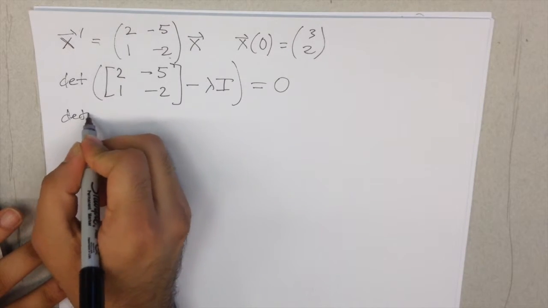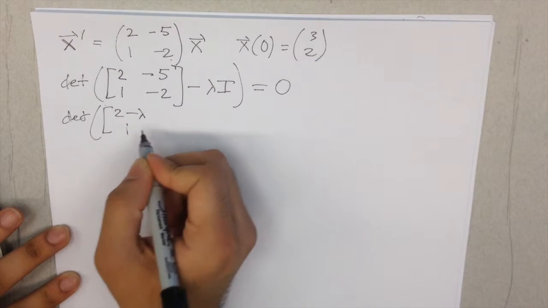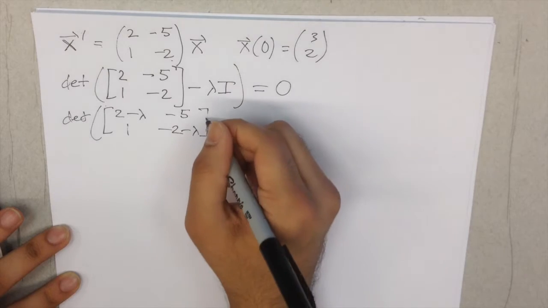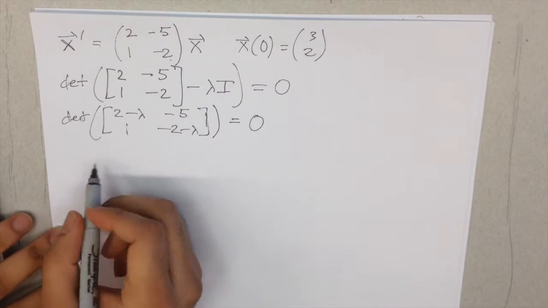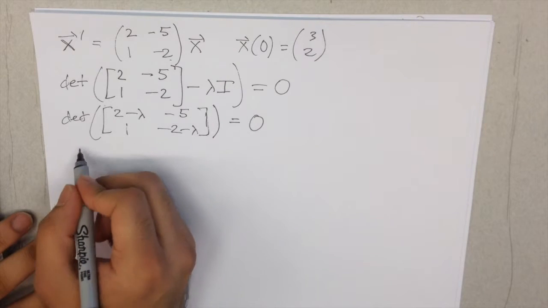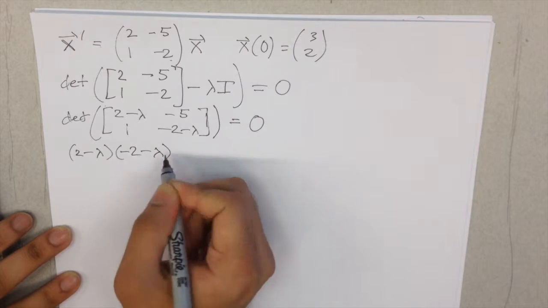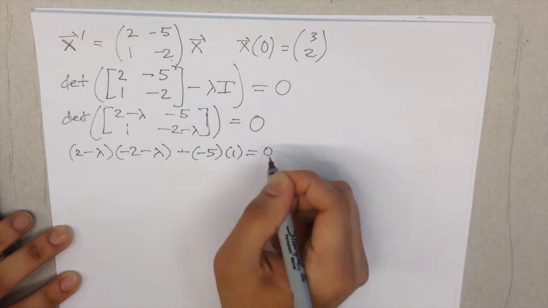So again, this is the determinant of 2 minus lambda, 1, -5, -2 minus lambda, is equal to 0. So then we do our determinant. We do 2 minus lambda times -2 minus lambda minus -5 times 1 is equal to 0.